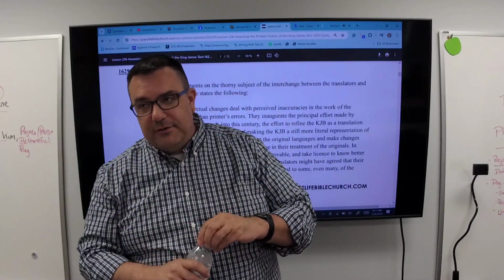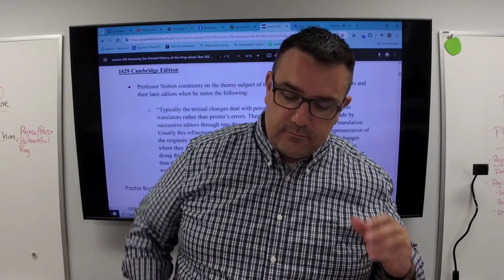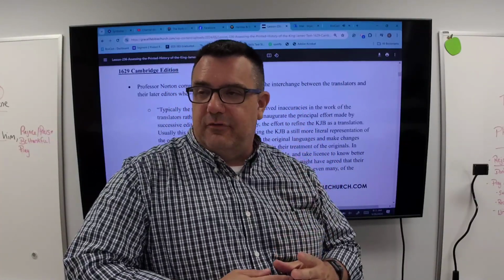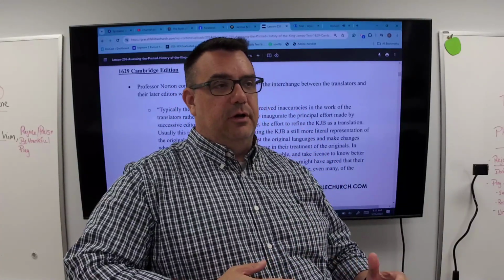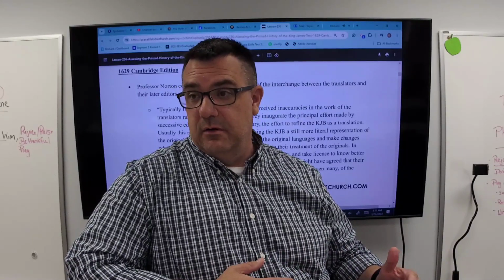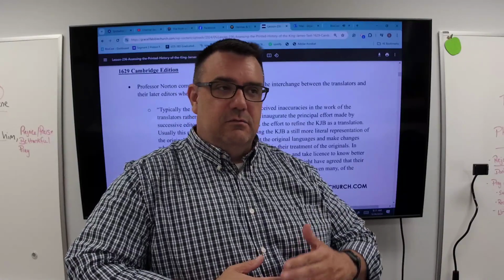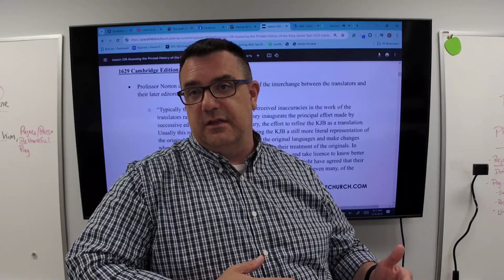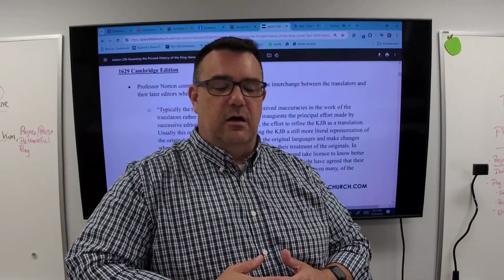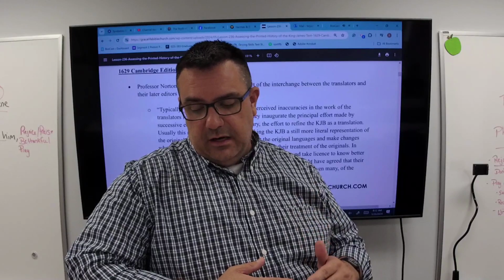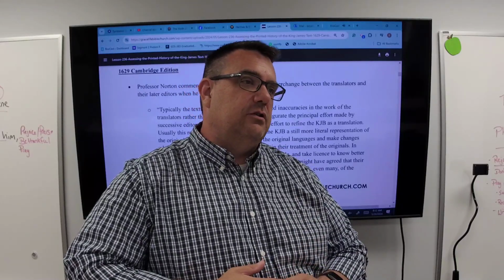So one of my points in all of this has been the following. Okay? The tendency within pro-King James advocacy has been to say these are all printer errors, because that's an argument of convenience. What I'm saying is, no, later editors did make changes to the text. That seems to me to be a completely true statement, okay? Where we get into trouble is when we try to start ascribing meaning.